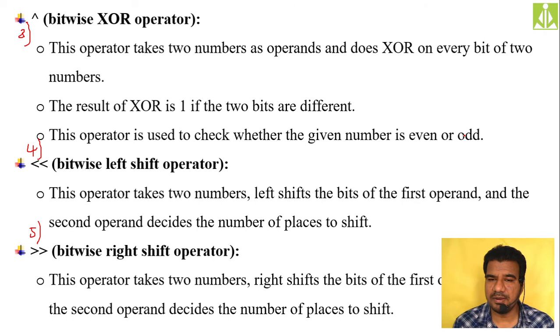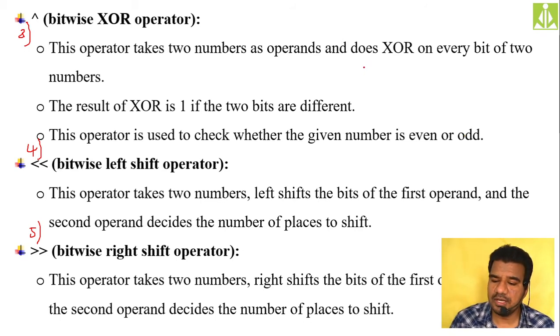If you have different bits, you get the result 1. This is also a binary operation, so it takes two operands and does XOR on every bit of the two numbers. The result of XOR is 1 if the two bits are different. This operator is used to check whether the given number is even or odd.